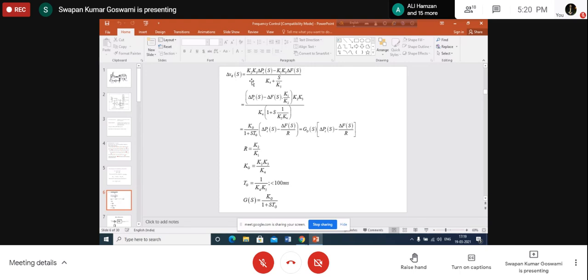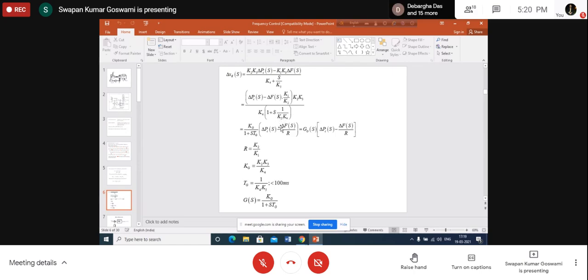So it will be K2 K3 delta PC(s) minus K1 K3 delta F(s) by K4 plus s by K5. Then you may write this as delta PC(s) minus delta F(s) into K1 K2 into K2 K3. These things you can rearrange; you can very easily do all of these.